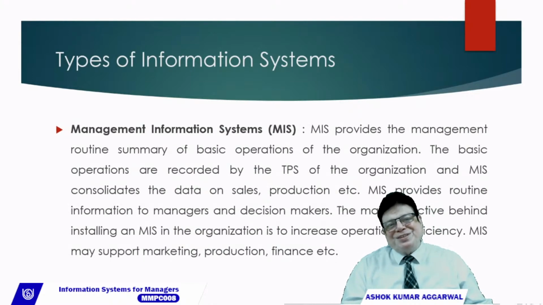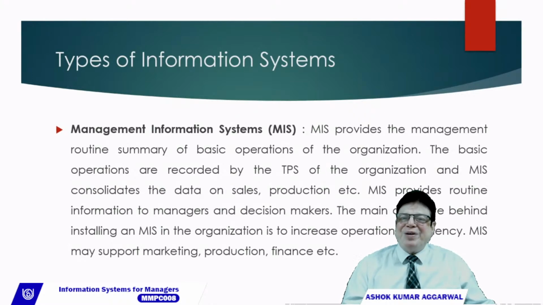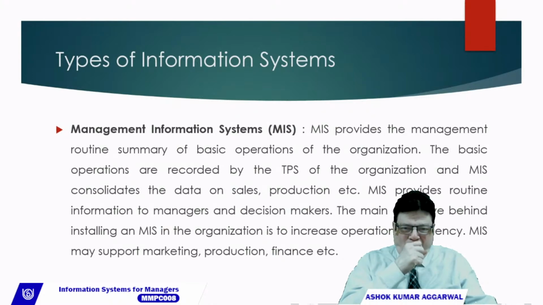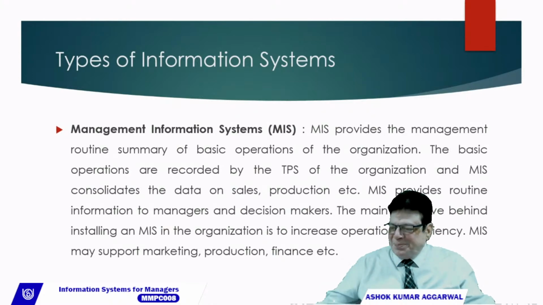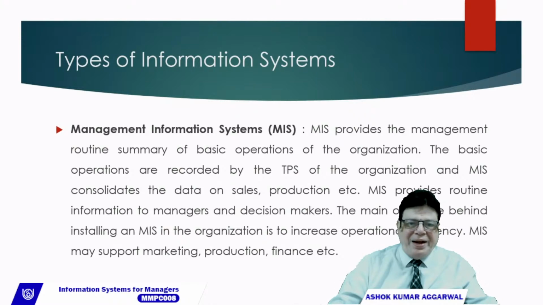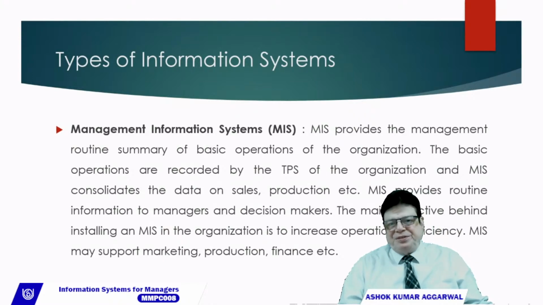Next is management information system. Providing information to the management, MIS. MIS provides the management a routine summary of basic operations of the organizations. The basic operations are recorded by the TPS of the organization, and management information system consolidates the data on sales, production, etc. MIS provides routine information to managers and decision makers.